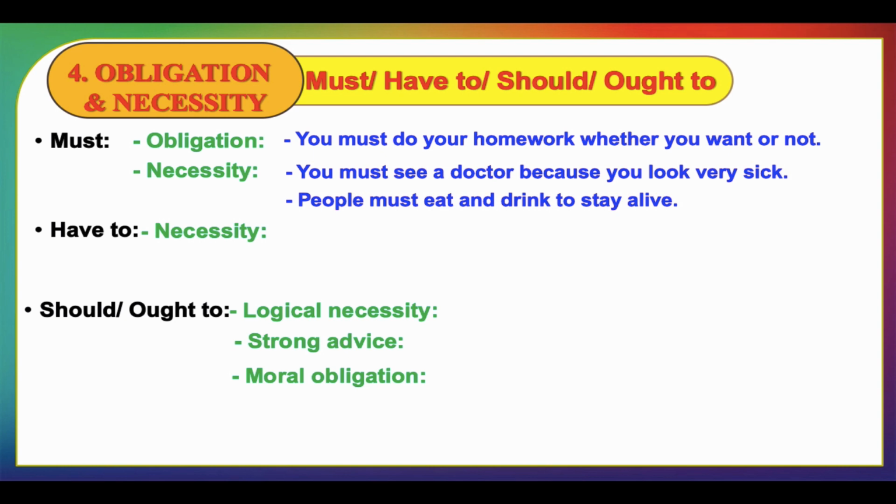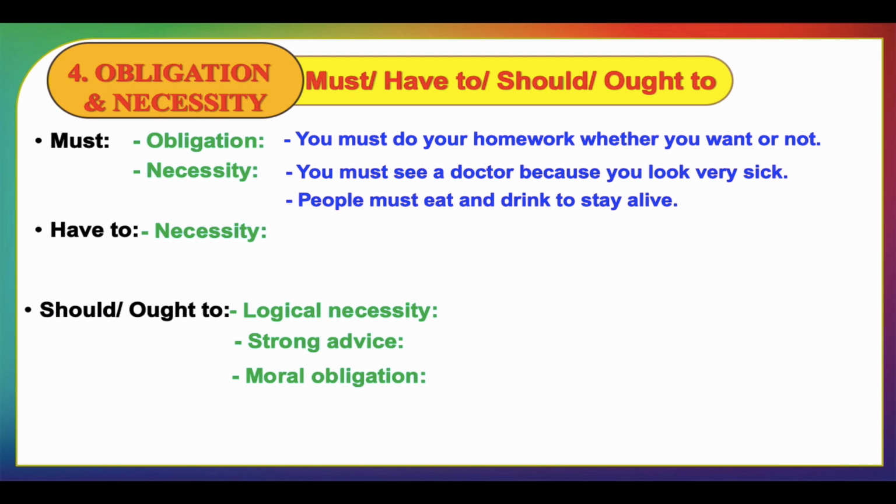But obligation here is like someone who wants to use his power to push us to do something. Like imagine your mother told her son, you must do your homework whether you want to or not. This is a kind of obligation. But in "people must eat and drink to stay alive," this is a general necessity.